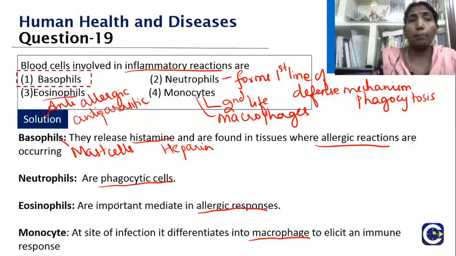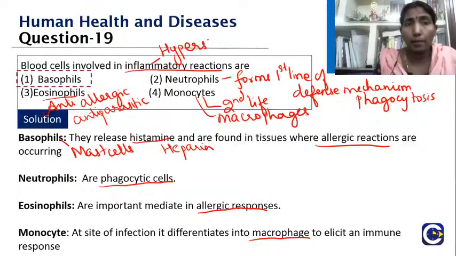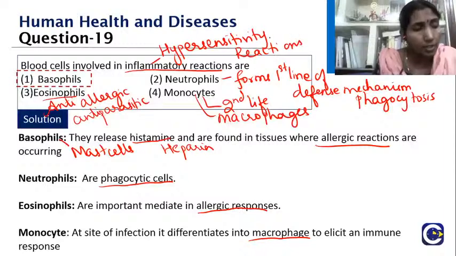Again I am telling you, when it comes to inflammatory reactions, it can be inflammatory reactions or hypersensitivity reactions. When it comes to hypersensitivity reactions, we can make it basophils.